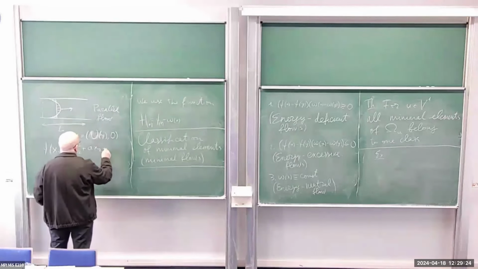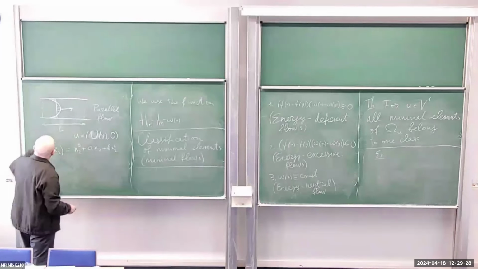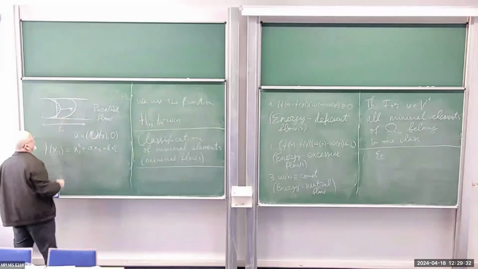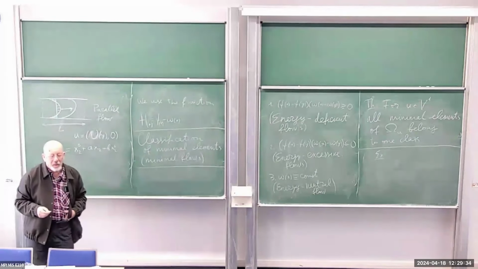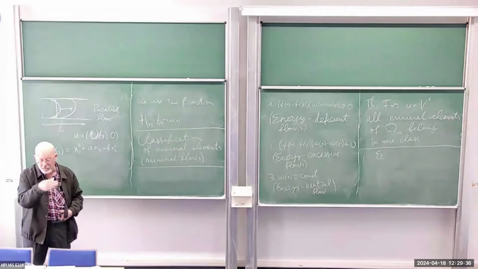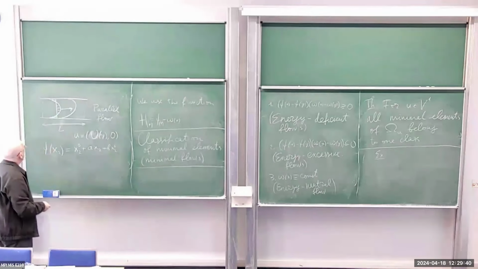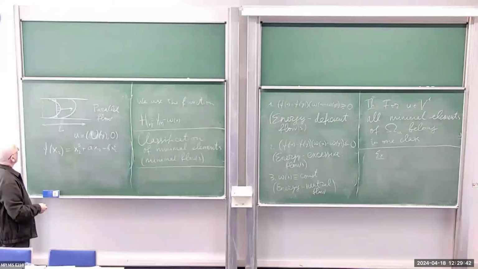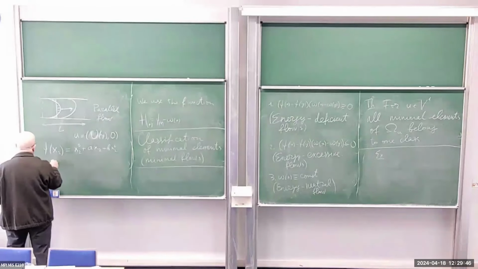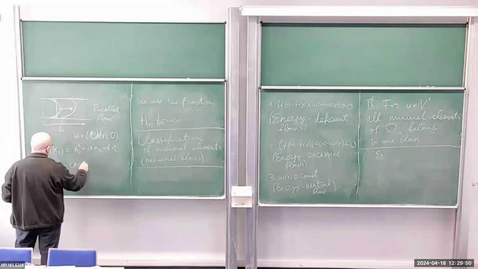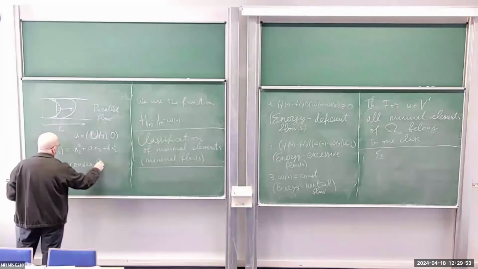It can be not symmetric, and it can be even not parabolic, but any convex function. So u of x2 is a convex function.